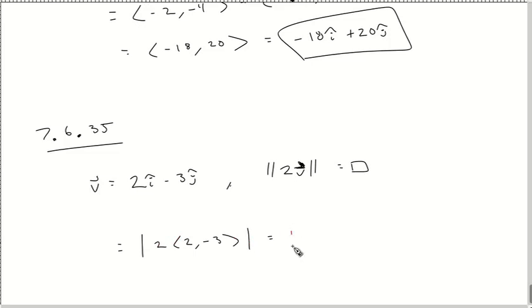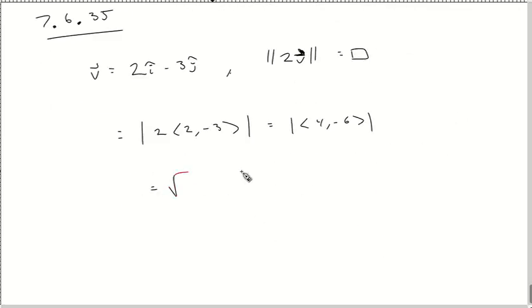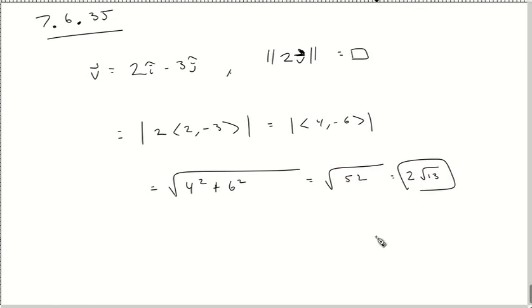So I actually have the magnitude of <4, -6>. And of course, that means square roots. And yes, I don't have the negative. It cancels anyways. Square root of 52 is 2 square root of 13. Okay. Again, there's a lot of math going from here to here that I'm not showing.